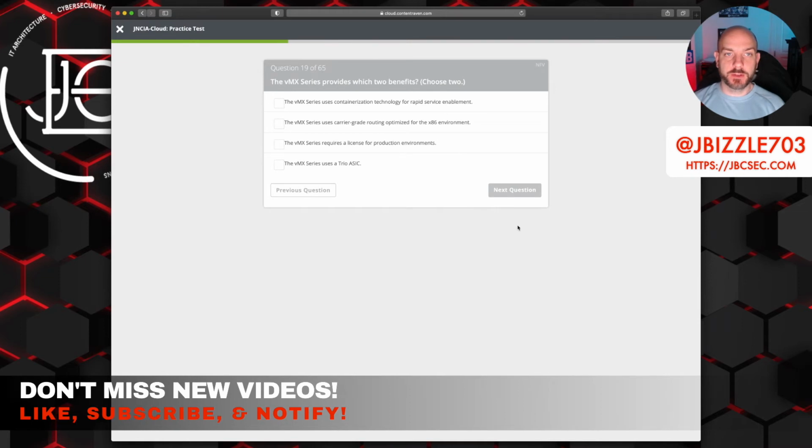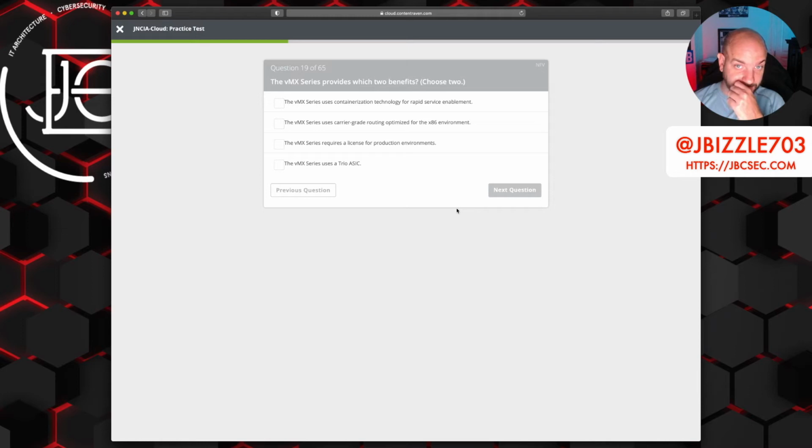The vMX series provides which two benefits? The vMX series uses containerization technology for rapid service enablement. The vMX series uses carrier grade routing optimized for the x86 environment. I think that is one. The vMX series requires a license for production environments. I don't believe that is it.